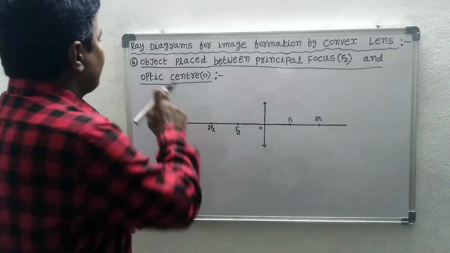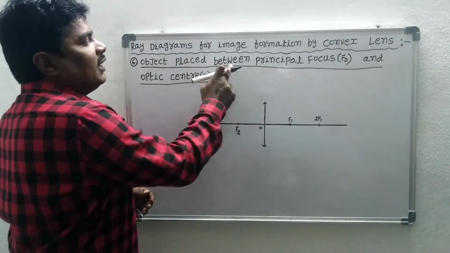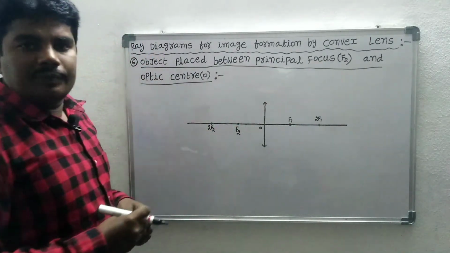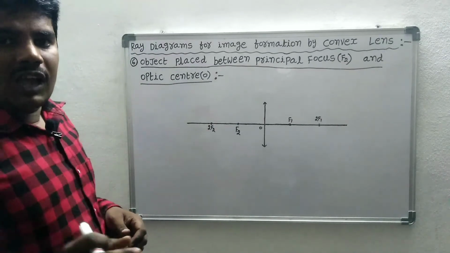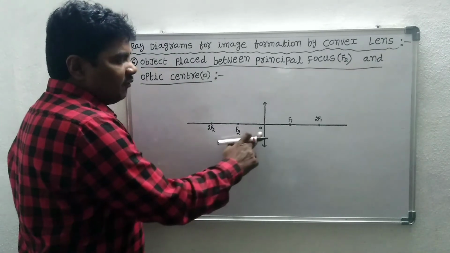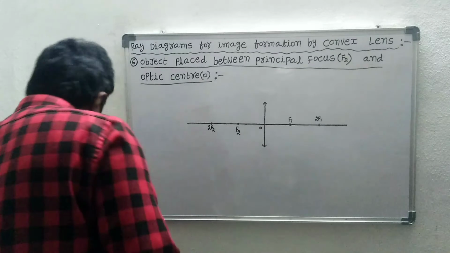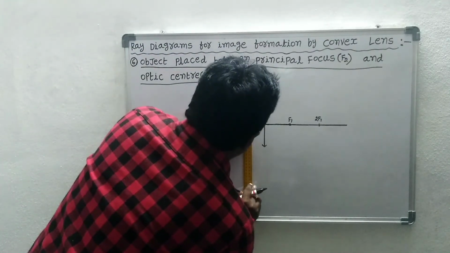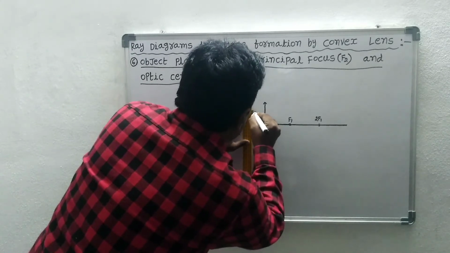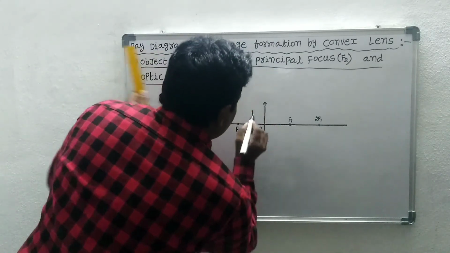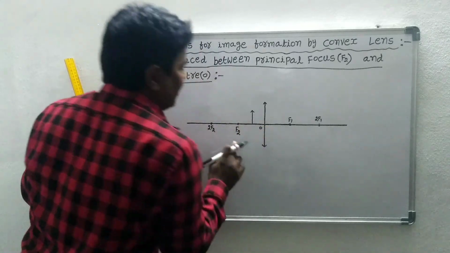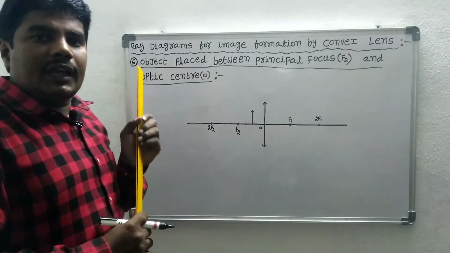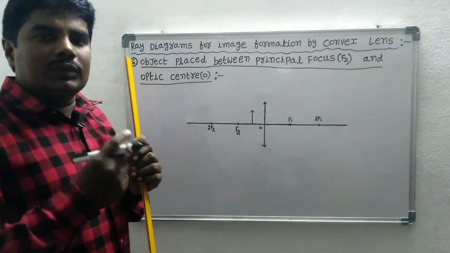Number 6. Object placed between principal focus and optic center. Now we keep the object between F2 and O. To draw the ray diagram, we take two light rays.